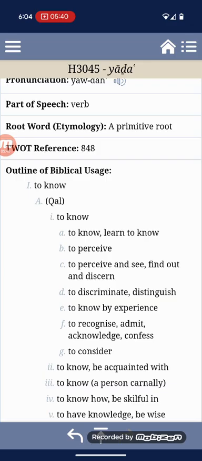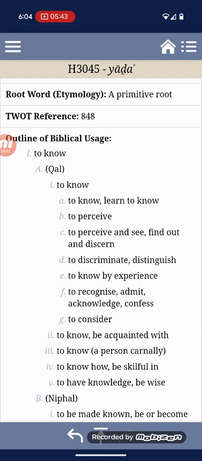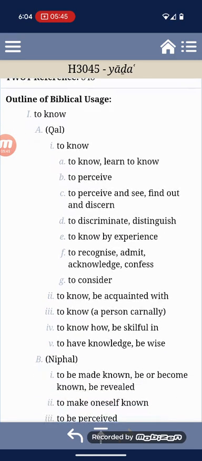Under 1, it says to know. And I'm going to drop down to 3, it says to know, then in parentheses, a person carnally. And when it says to know a person carnally, it means that they knew each other through having sex. All right. So when the Bible speaks about a man knowing a woman, that's what it's speaking about. It's speaking about them having sex, speaking about them being intimate.